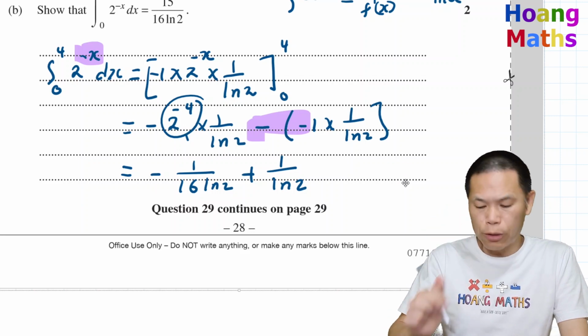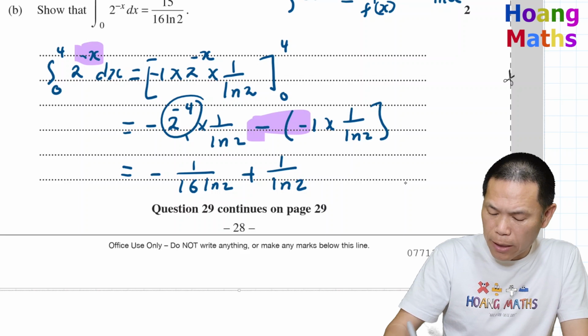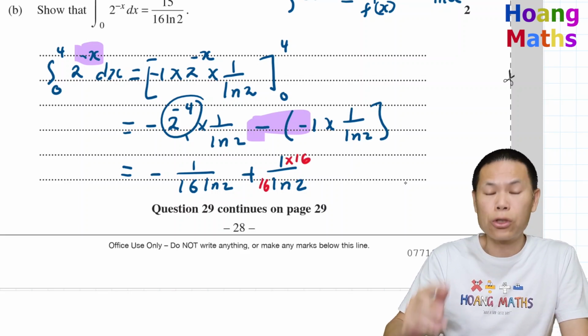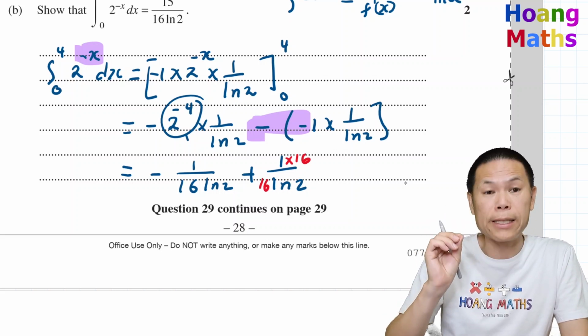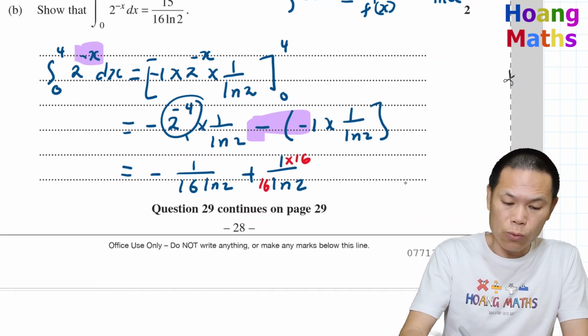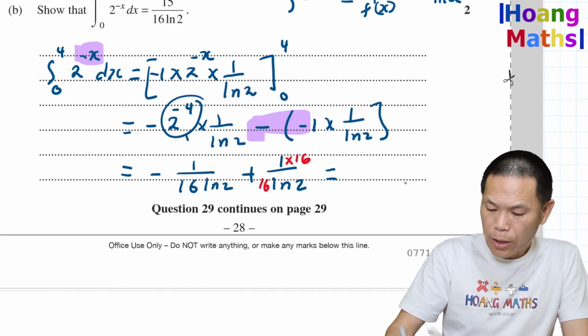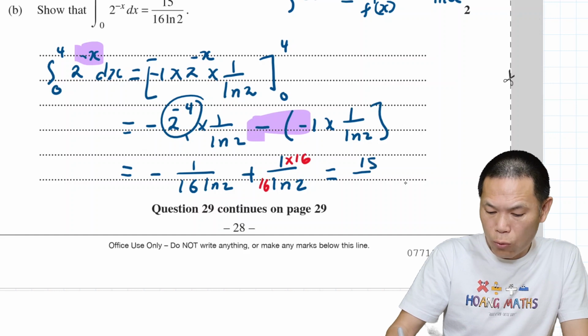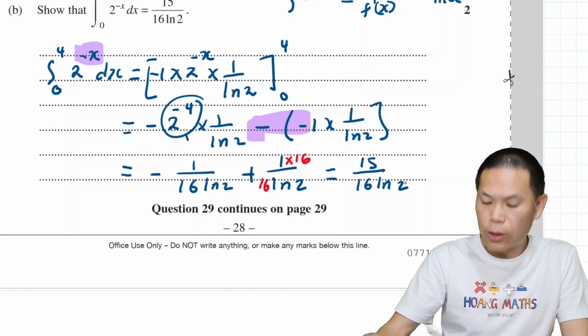Now I need to simplify this. I multiply the second term by 16 over 16 so they have the same common denominator. Then minus 1 plus 16 is the same as 16 minus 1, which is 15. That gives me 15 over 16 ln of 2. There you go.